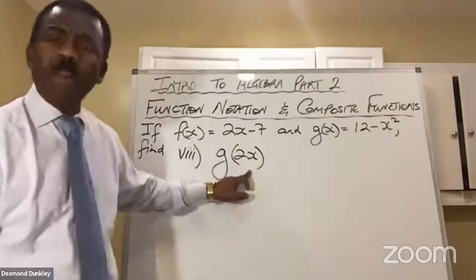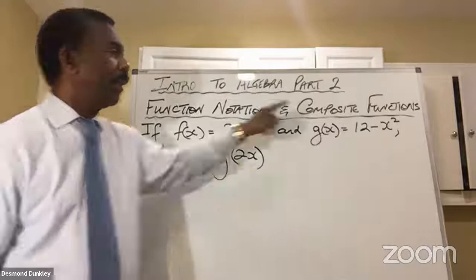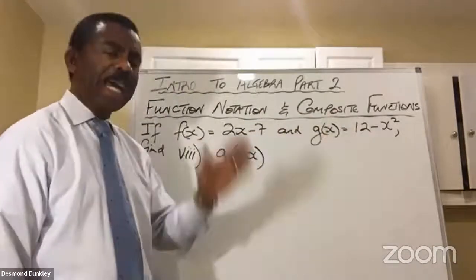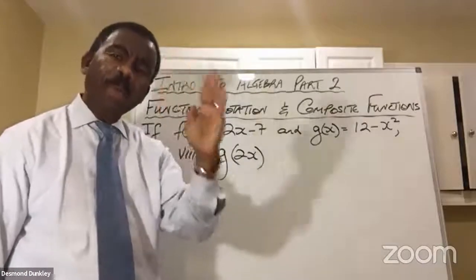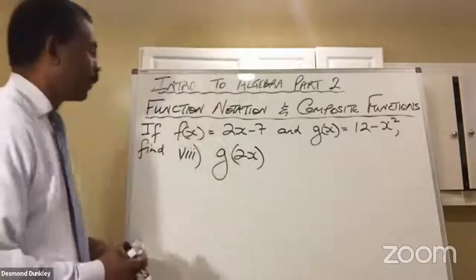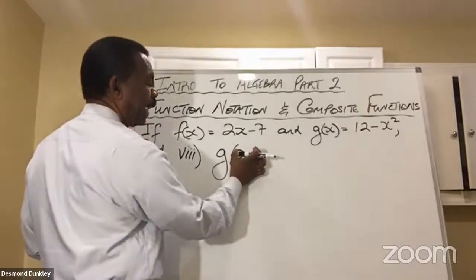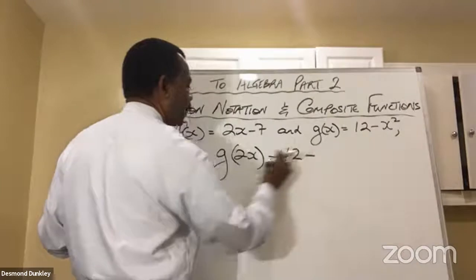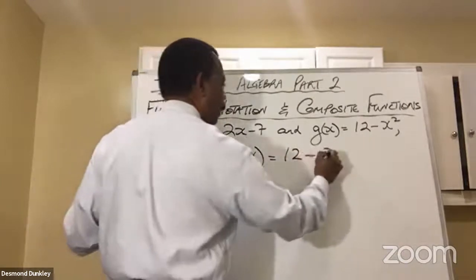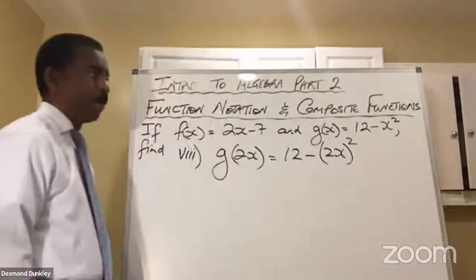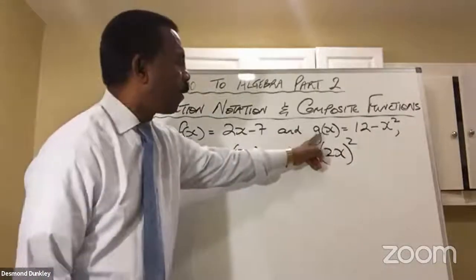So I don't care what is put in the parentheses. That's the template. That's the pattern you follow. And you just take your time and apply it, you will get the right answer. So g of whatever is going to be equal to 12 minus whatever squared. All I've done, I've followed the pattern.